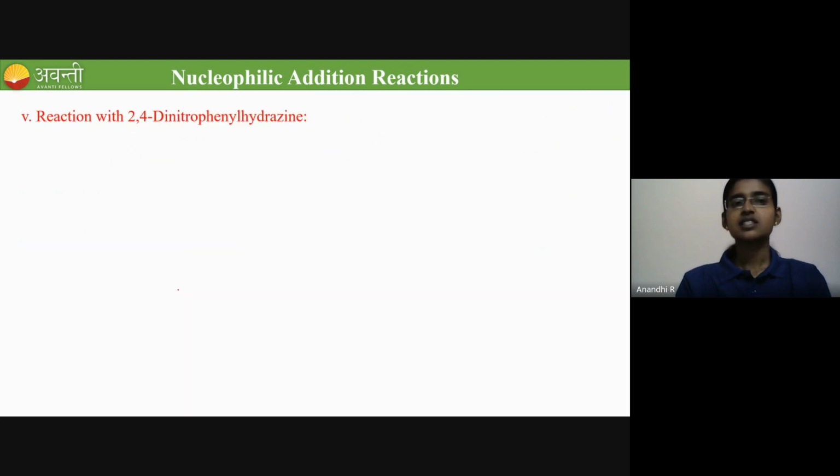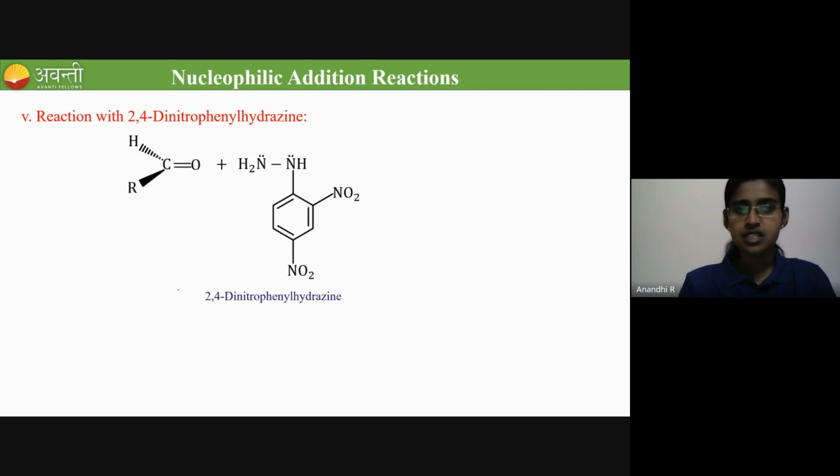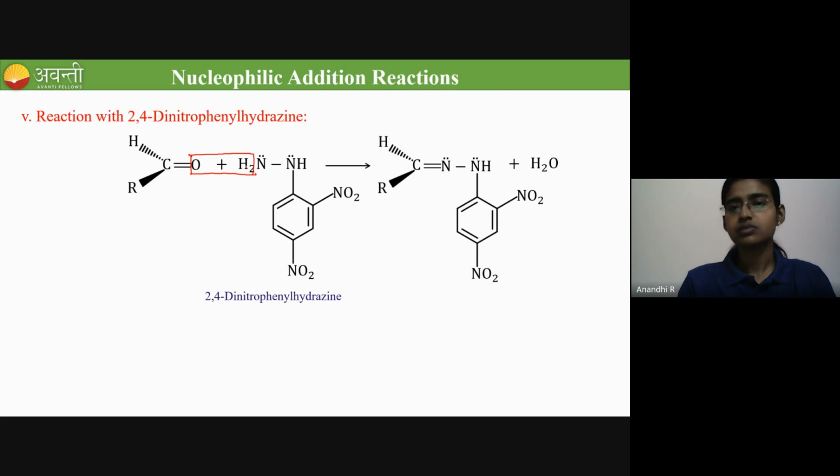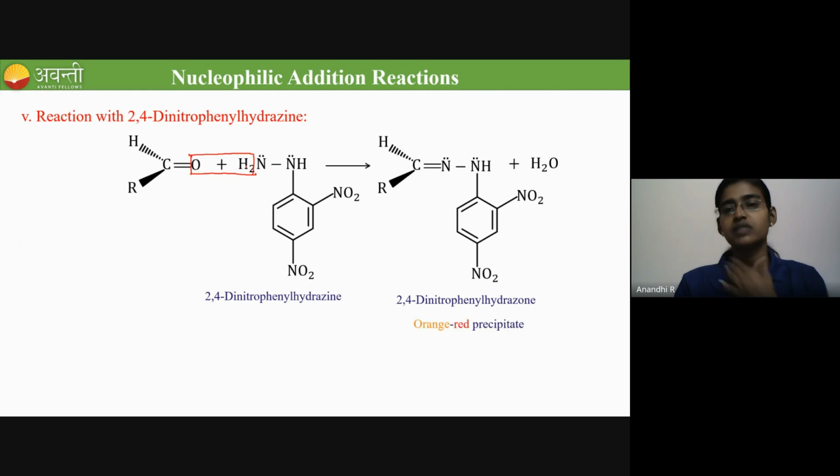Okay, the next is the reaction with 2,4-dinitrophenylhydrazine. 2,4-dinitrophenylhydrazine is this, and the compound looks a little bit bigger, but the mechanism is the same. You just have to remove the water, H2O. You will get 2,4-dinitrophenylhydrazone, which is an orange-red precipitate.